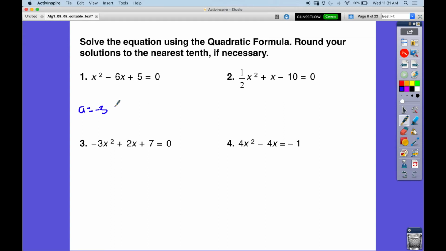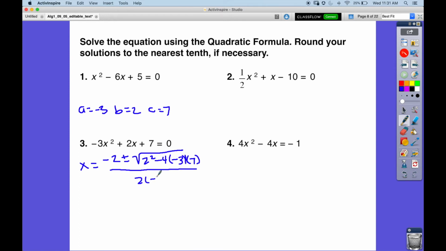A is -3. B is 2, C is 7. Okay, here we go. X equals the opposite of B, opposite of 2, plus or minus the square root of 2 squared minus 4 times -3 times 7, all over 2 times -3.